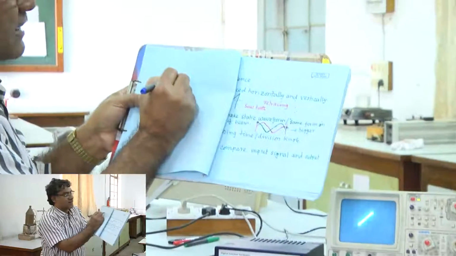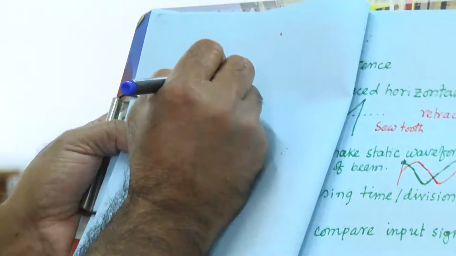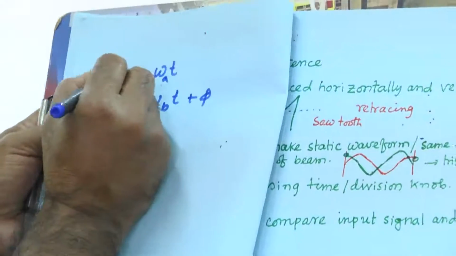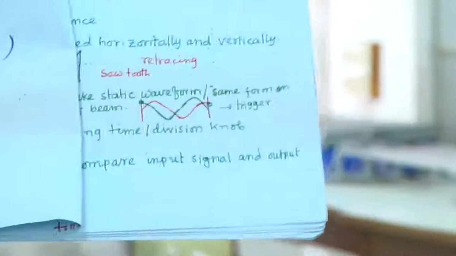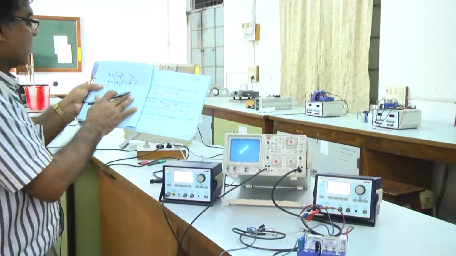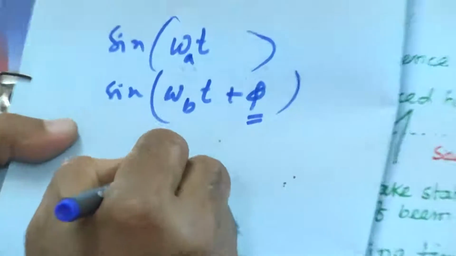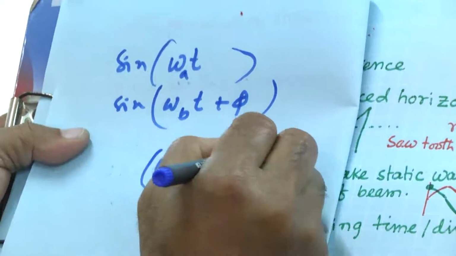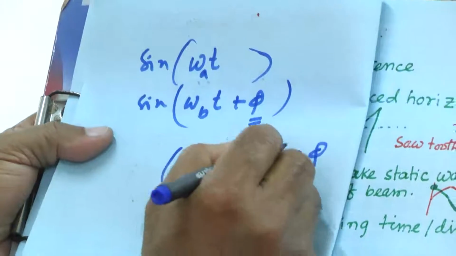One signal has, as I told, omega t, and another signal is omega t plus phi, right? This should happen for the same frequency, that is what I was telling. Only then the phi will stay constant. But if a slight difference is there, this is the phase difference, or this can be minus, whatever.